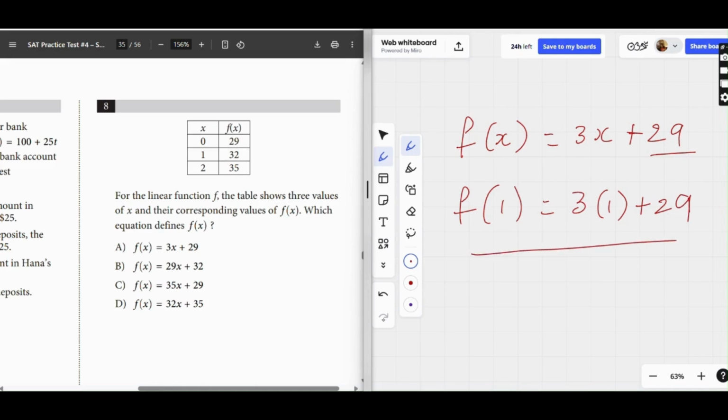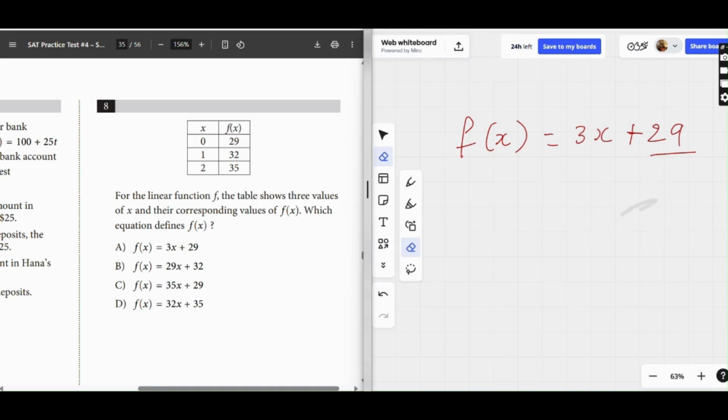Therefore, option A is what we are looking for. The easiest trick you can use here is, for 0 we got 29, you got A and C, and 29, 32, 35 looks a little closer. That means a multiple of 3. There is a 3 difference, so 3x times whatever it is going to be your upcoming answer.